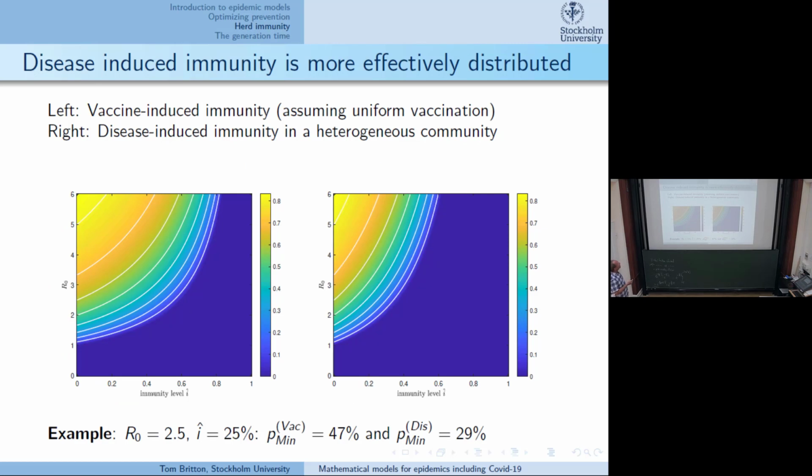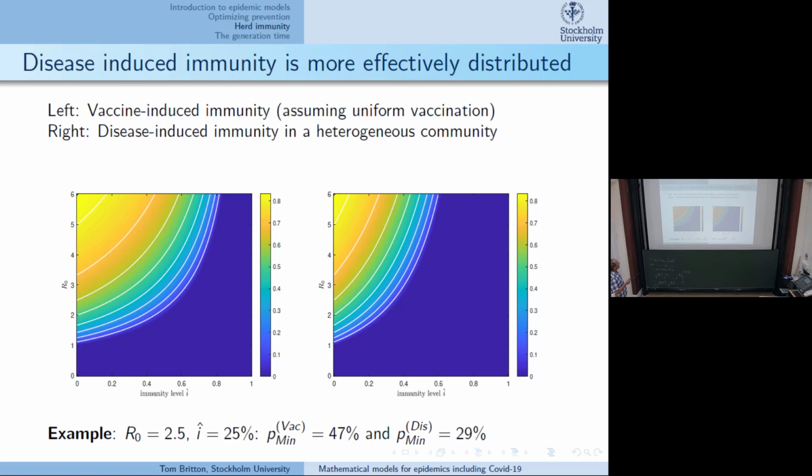This is illustrated in this heat map plot. So let's see now. Here is the vaccine-induced immunity. Blue is herd immunity. Depending on what R0 you have, this is the level you need to reach herd immunity.